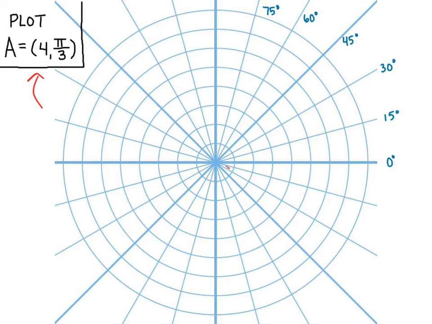We want to draw the point A equals 4, pi over 3. So the first thing we do is rotate this polar axis, the initial side of our angle, over pi over 3. So it's going to go like this, and then we draw a line.